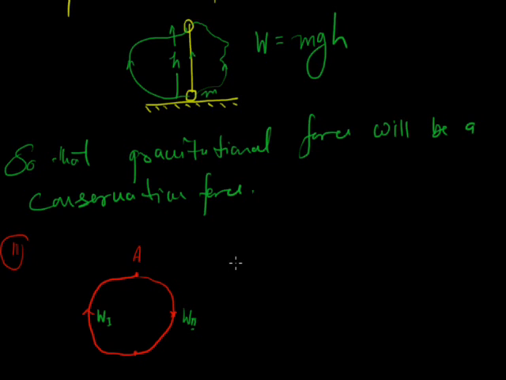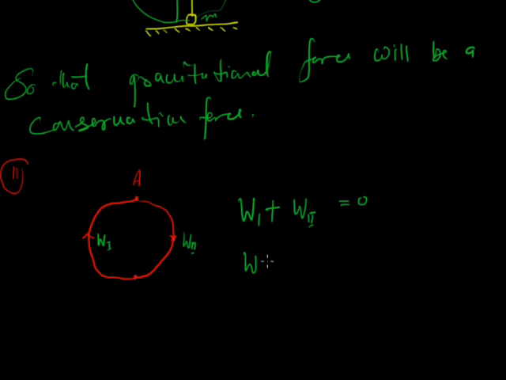According to the second definition, the work done W1 plus W2 is equal to 0, or W1 is equal to minus W2. This path can be considered as BCA and BDA.